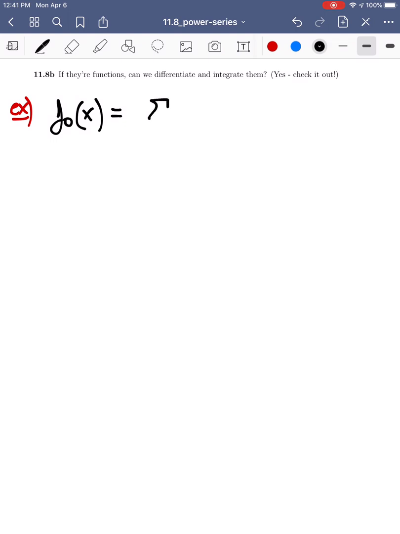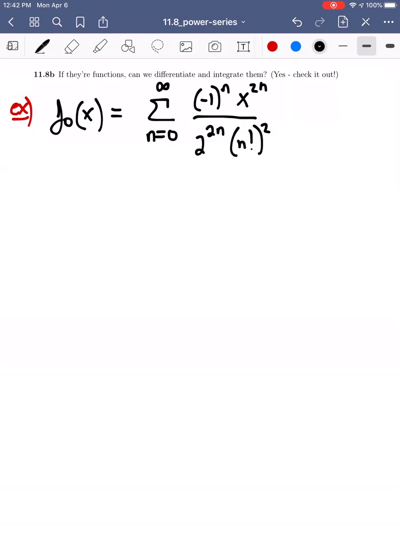It is equal to the power series from n equals 0 to infinity of (-1)^n x^(2n) all over 2^(2n) times (n factorial) squared. If we go through the same rigmarole we did earlier, we would notice that we are centering this power series at x equals 0.